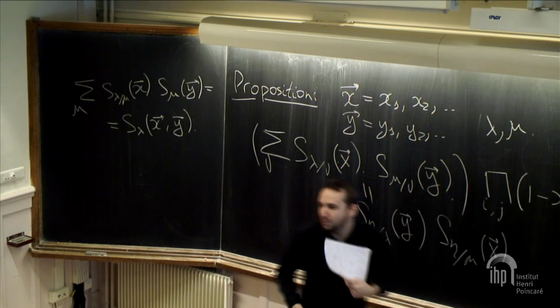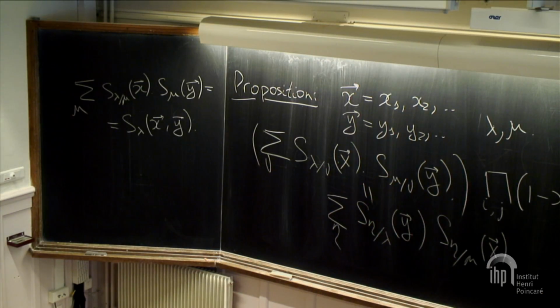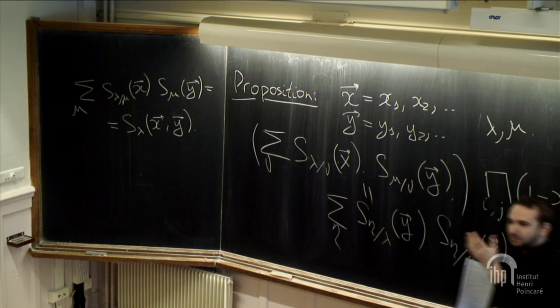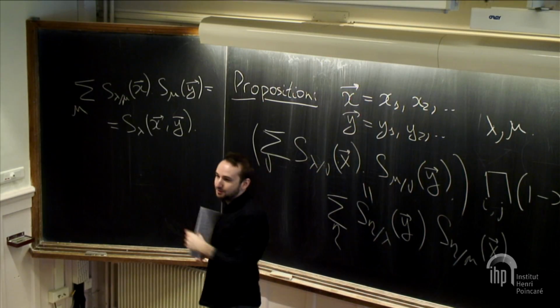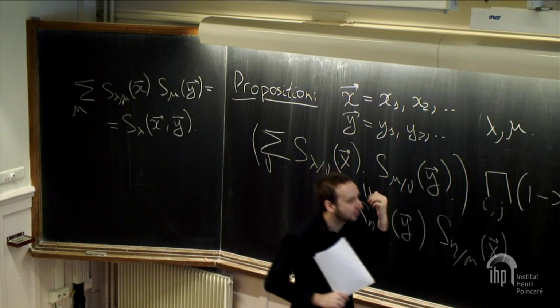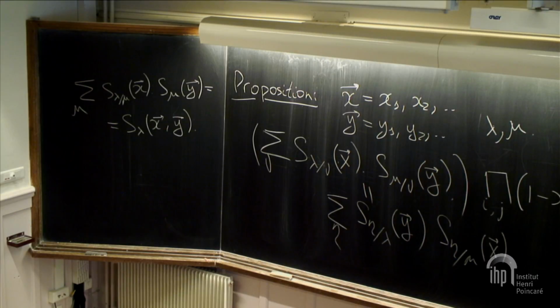So this is actually one of the ways to define skew-Schur polynomials. I think that Alexey defined them through the combinatorial formula, but then this is a corollary of the combinatorial formula.